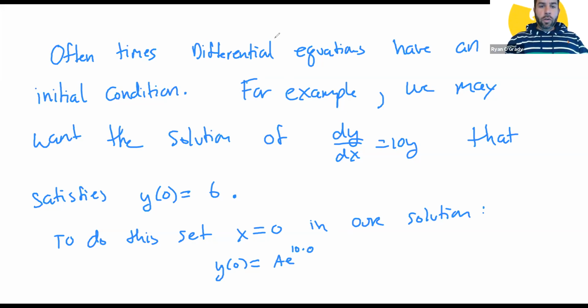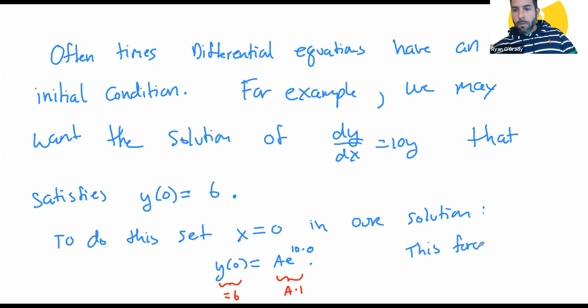Now, if you look at this, what is y of 0? Well, y of 0, we know that we want it to be equal to 6. And over here, we get a times 1. So for this to be true, this forces a equal to 6.